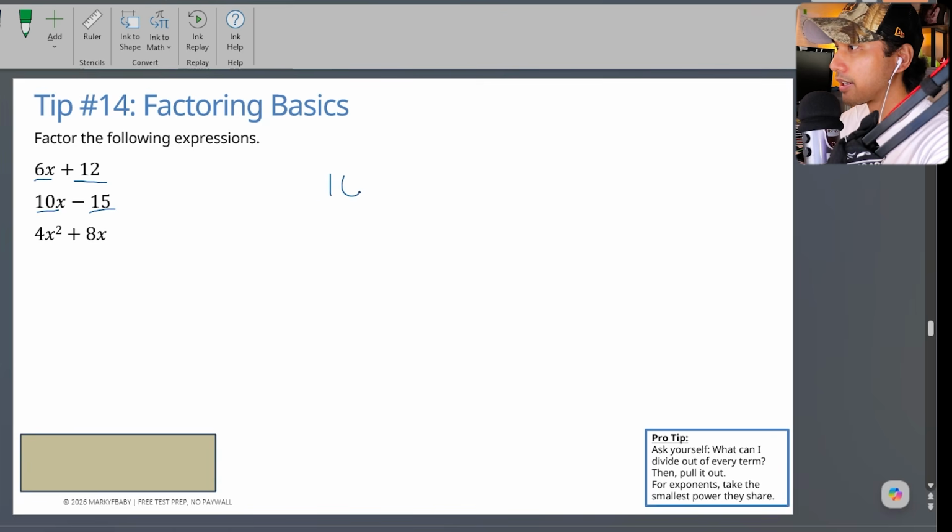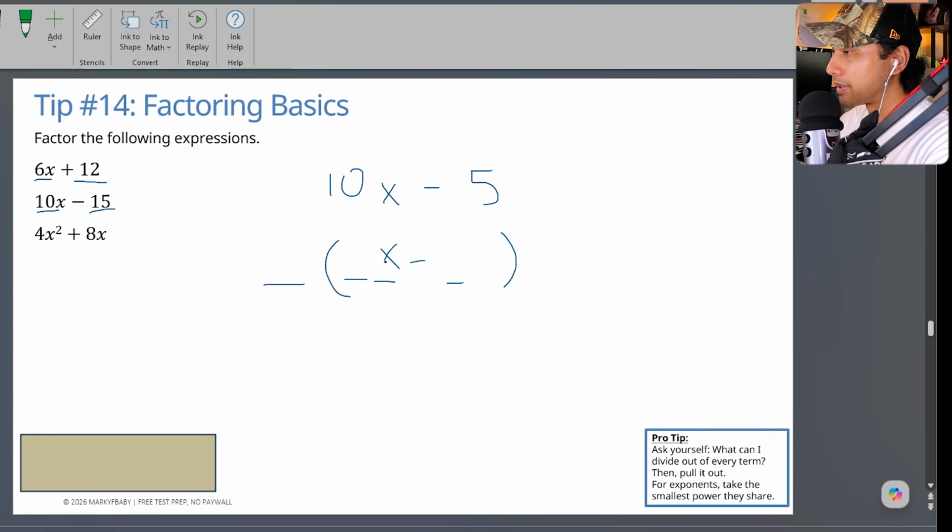Let's just rewrite it again. 10x minus 5. Okay, I'm going to put a parentheses, put my terms down. The 10, the x, the minus sign, the 5, and then only one term could be taken out. Nothing could be done with the x, so I could just put the x back over here. And we agree that it's 5 that can be taken out, right?